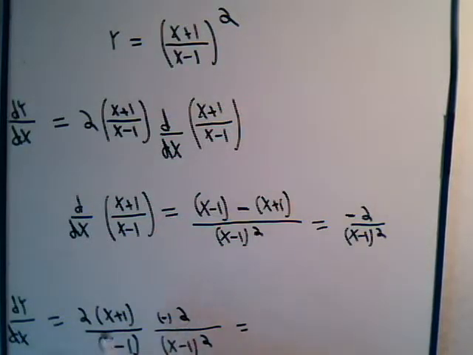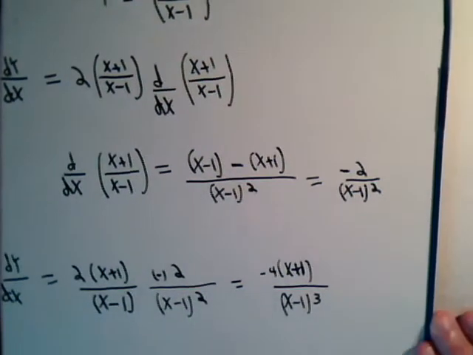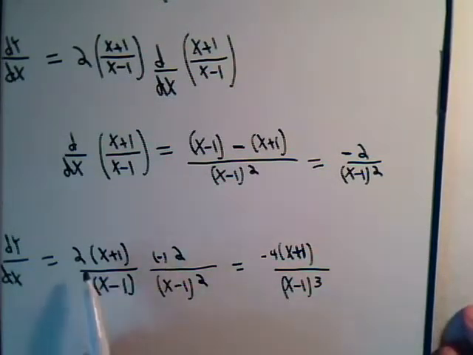And this will be minus 4 times x plus 1 divided by x minus 1 cubed. And that's our answer. This gives us minus 4 times x plus 1, and down here we have x minus 1 cubed. So there it is.